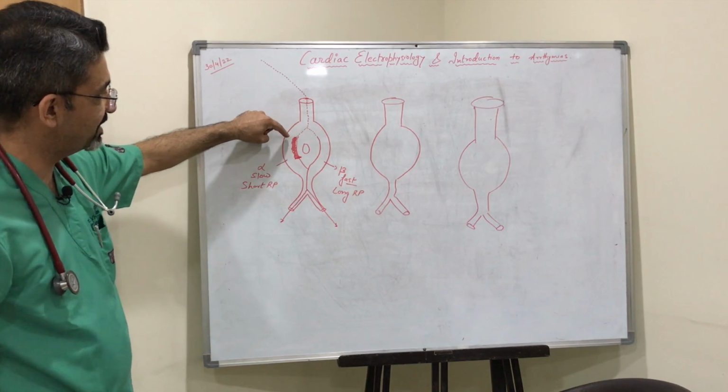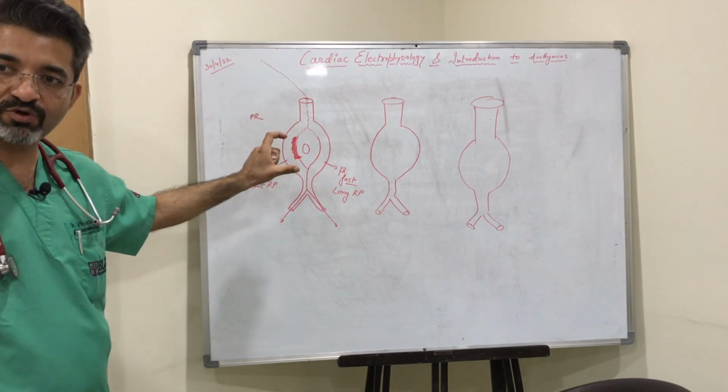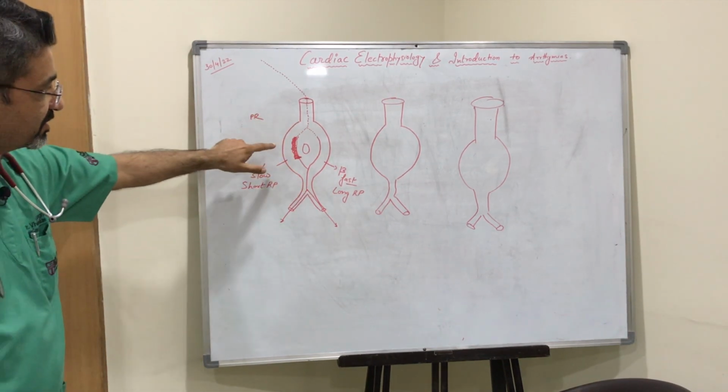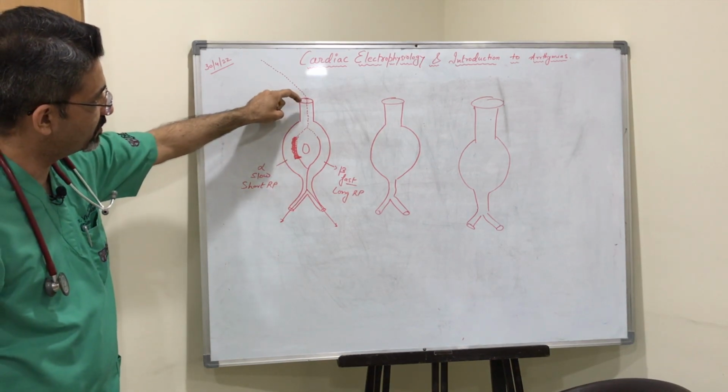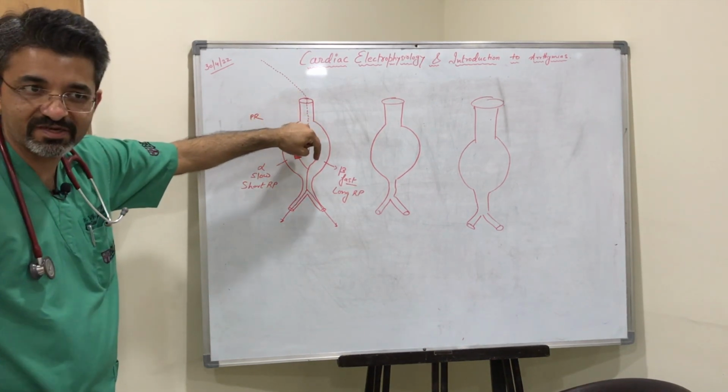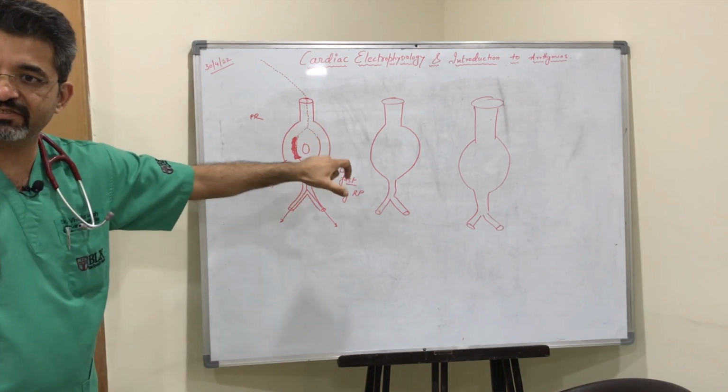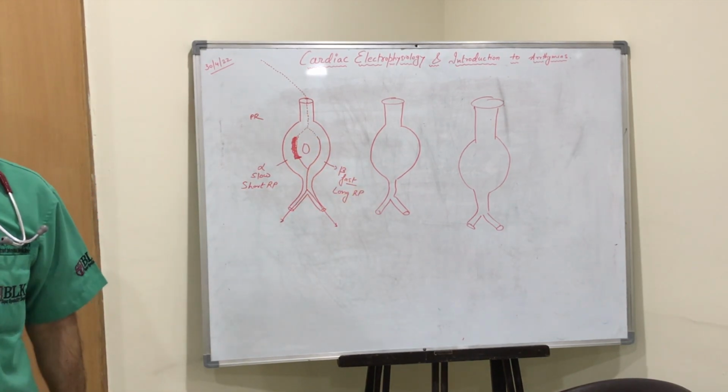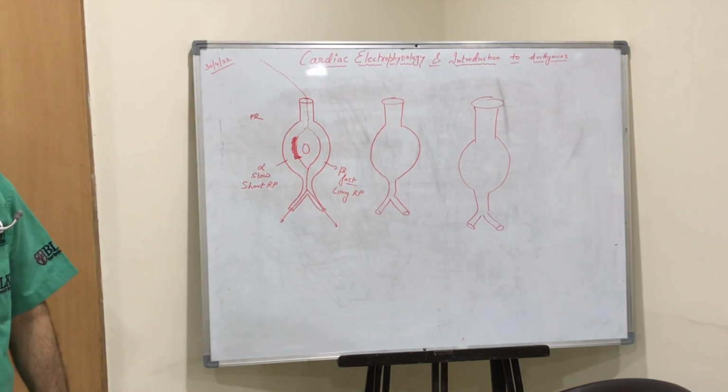If the impulse goes slowly, PR will be normal. Now here there is a problem, so the impulse chooses the fast path, goes fast, PR gets shortened. Right?